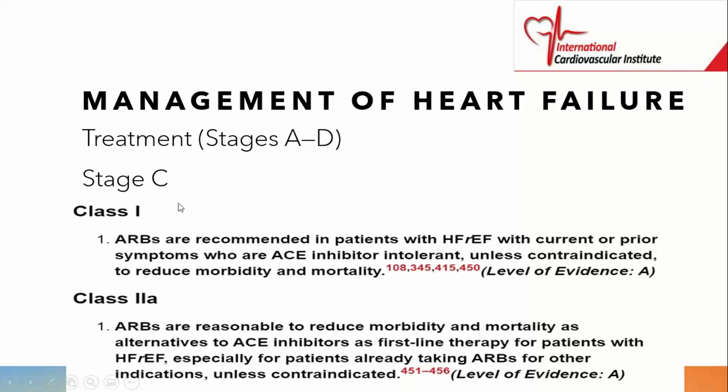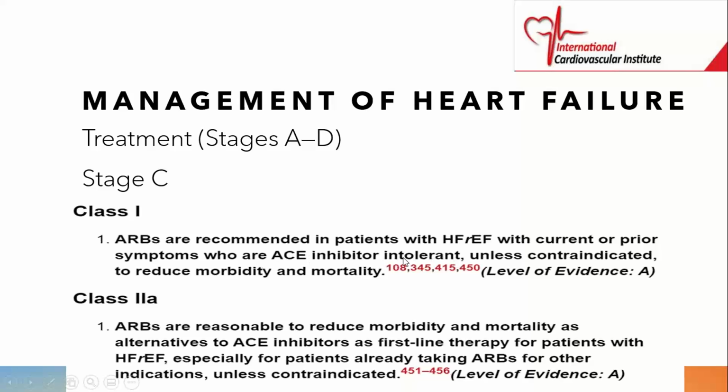What about ARBs, angiotensin receptor blockers? So these medicines get a class 1 indication, and they're recommended in patients with heart failure with reduced ejection fraction, with current or prior symptoms, who are ACE inhibitor intolerant.